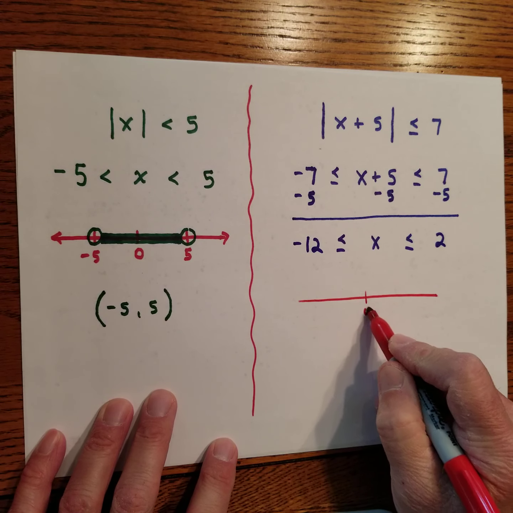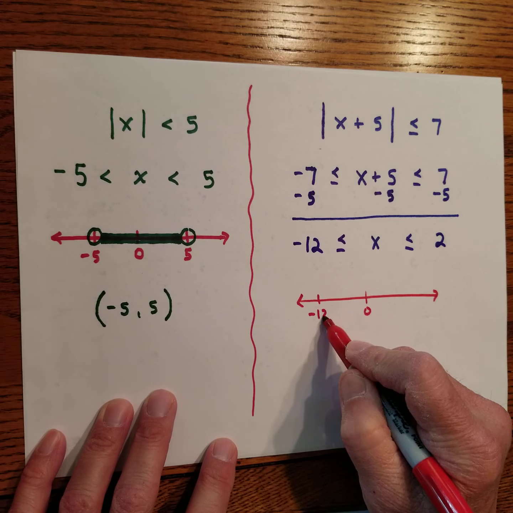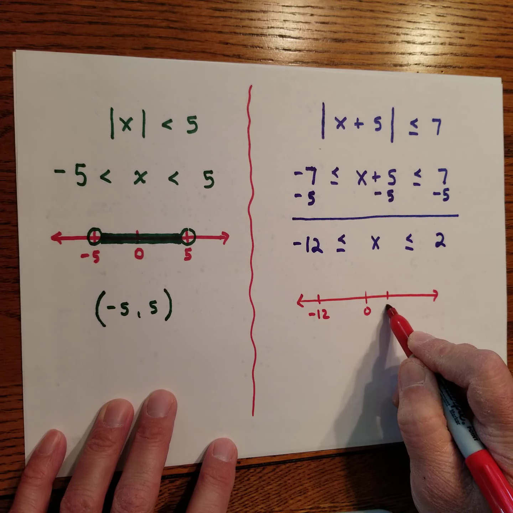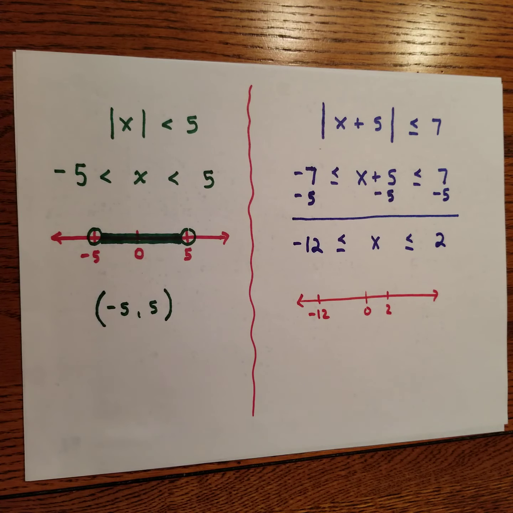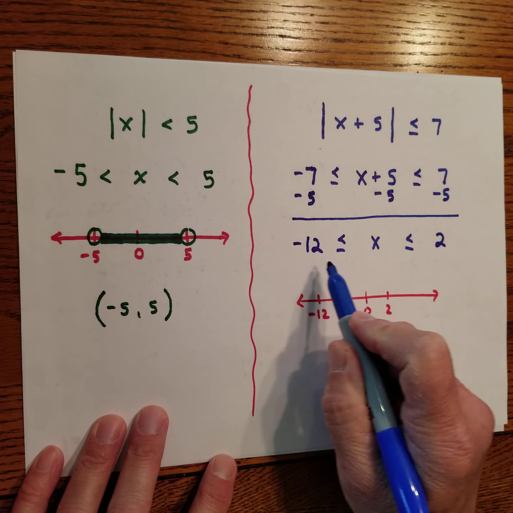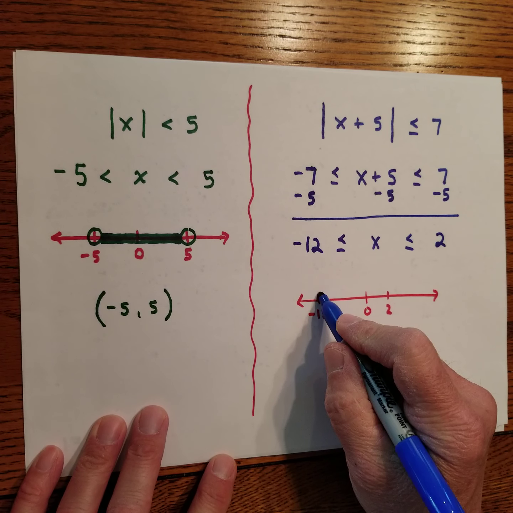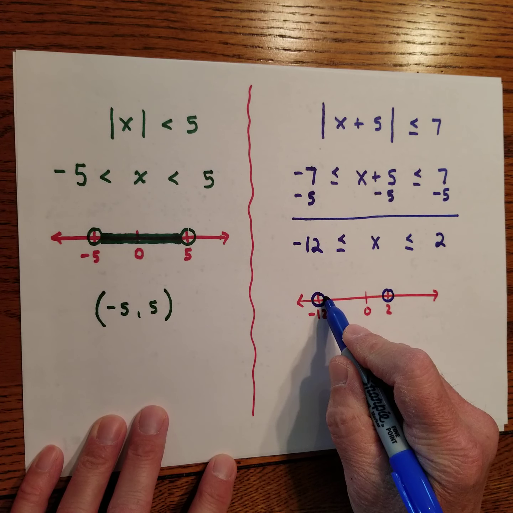For my graph, here's 0. Negative 12 would be down here. 2 about there. What am I supposed to cover up? I'm supposed to cover up all the numbers between negative 12 and 2.